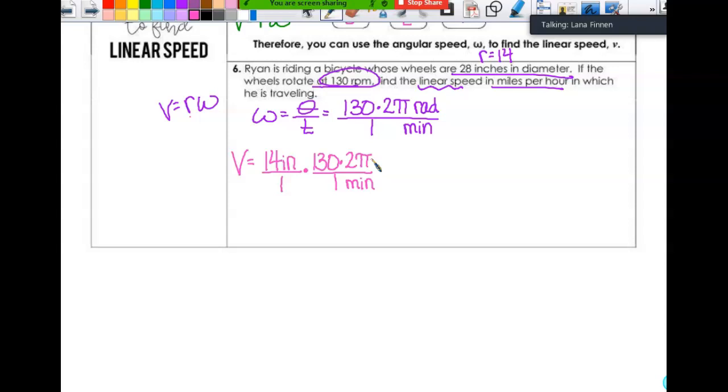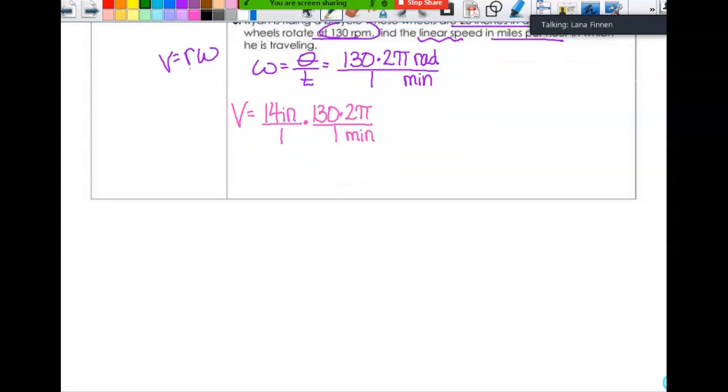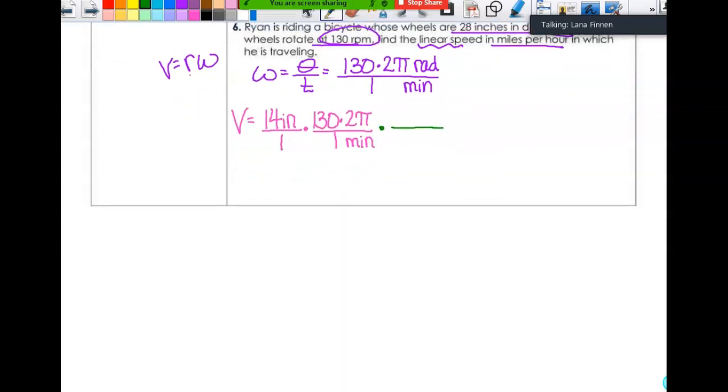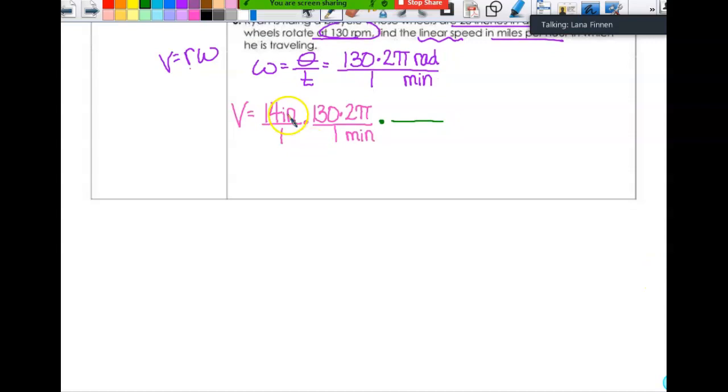And we have this, my velocity would be in inches per minute at this point, but I want it in miles per hour. So we're just going to do this one together too, just for the interest of time. So I'm going to multiply, since I want it in miles per hour. I'm going to take my inches and change that to feet. So inches down here, feet up here, 12 inches, 1 foot. Inches cancel out.